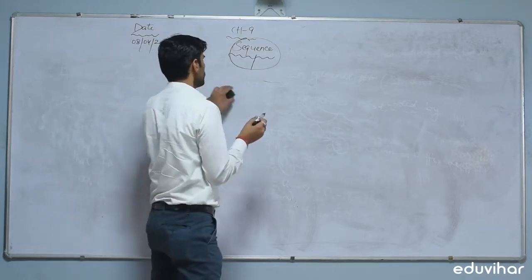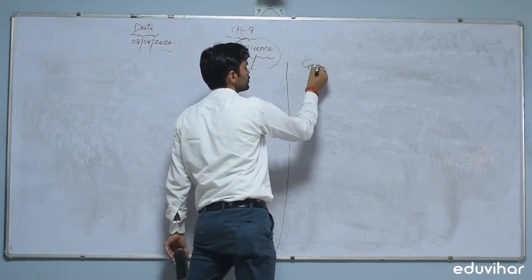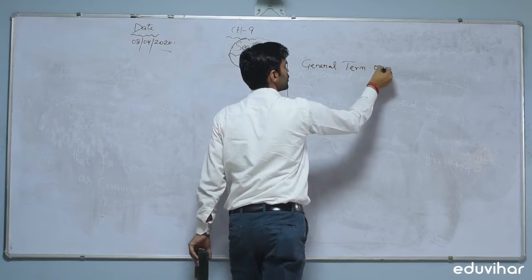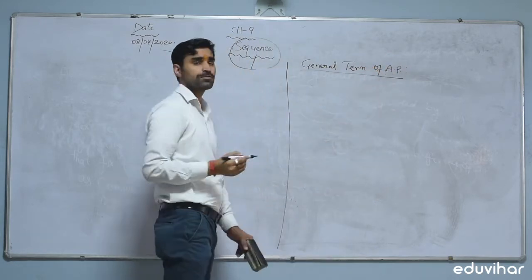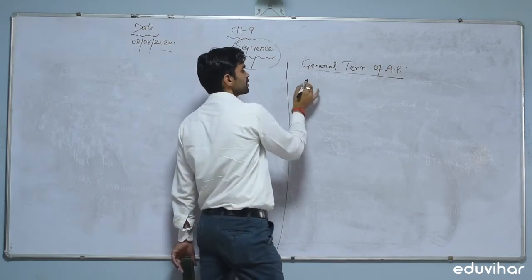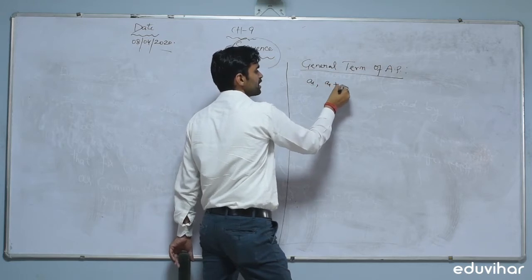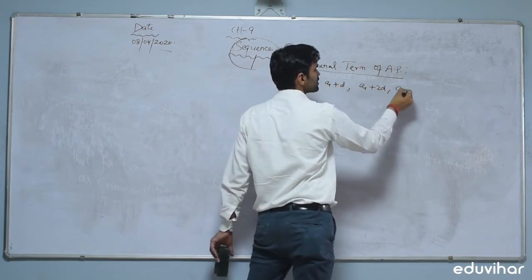Now, the general term of AP. The first term is A1, the second is A1 plus D, the third is A1 plus 2D, the fourth is A1 plus 3D.